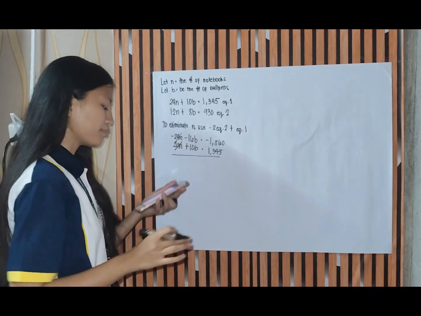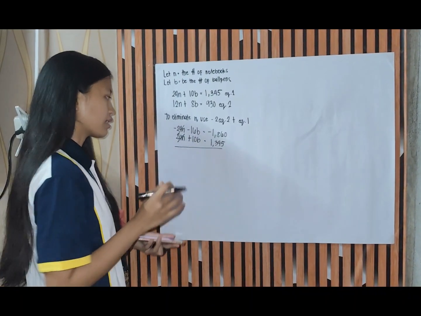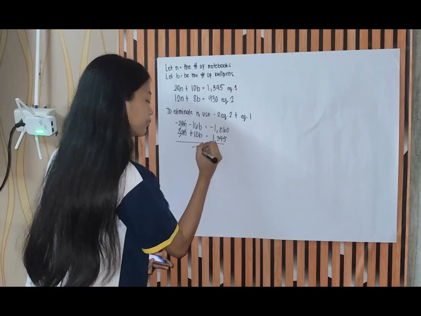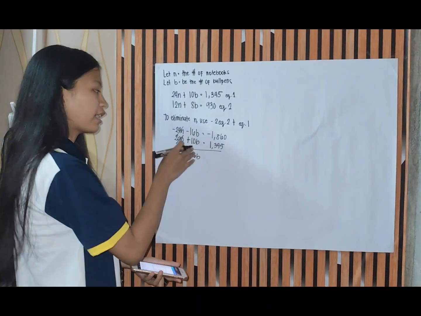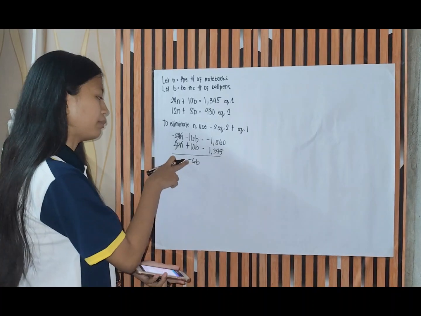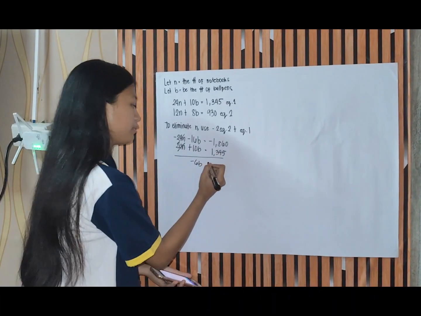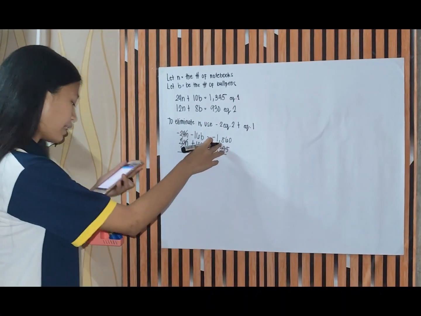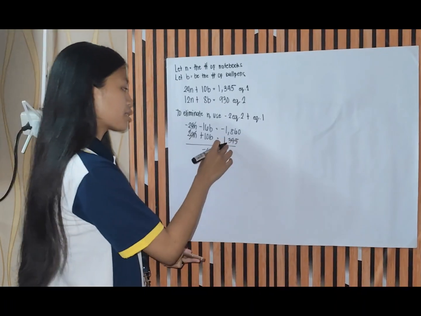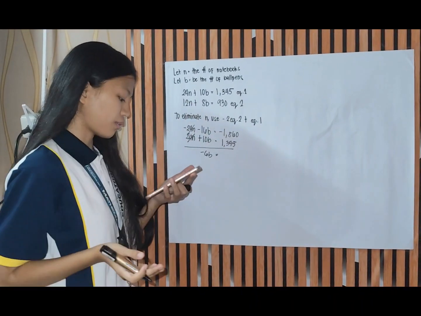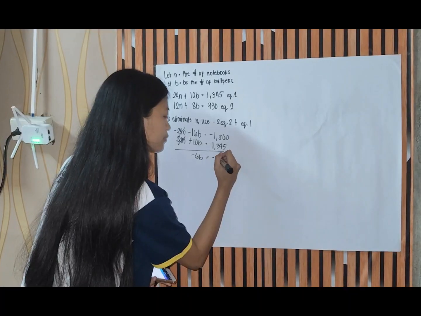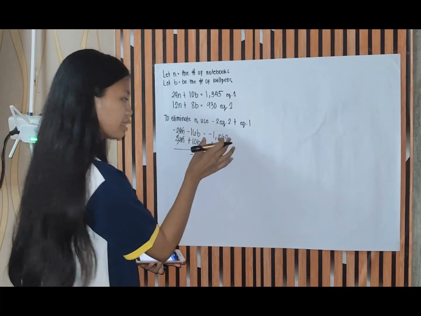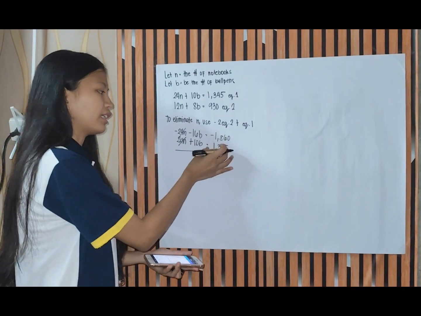Then, -16b plus 10b is equal to -6b, since the value of 16, which is negative, is higher than the positive value. And then, -1,860 plus 1,345 is equal to -515, since the negative value is higher than the positive.